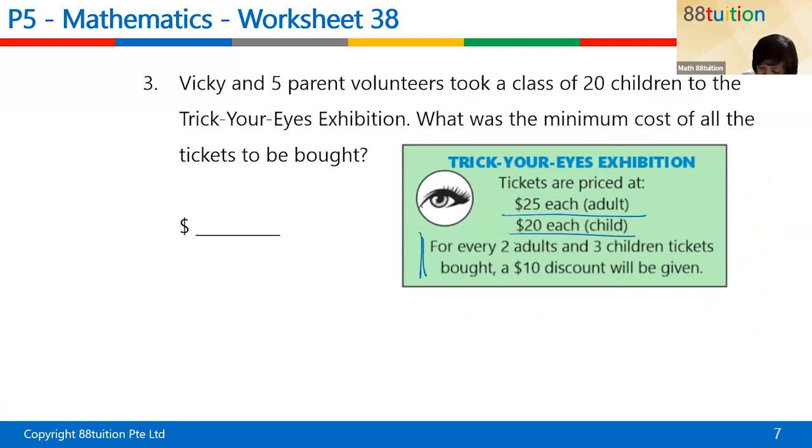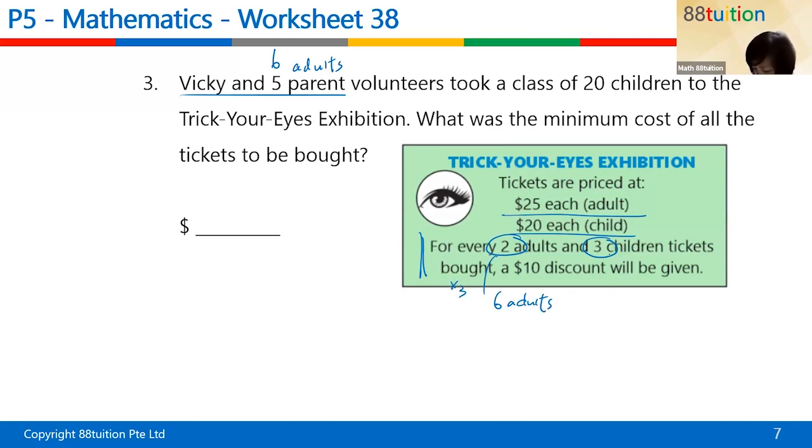And there's one condition here: every 2 adults and 3 children tickets bought, a $10 discount will be given to them. So meaning to say we must find out, because now the question gave you only Vicky and 5 parent volunteers, which you have a total of 6 adults. So 6 adults here, right? I can buy a package.